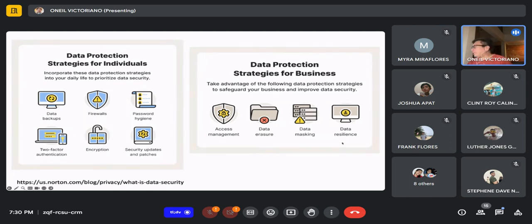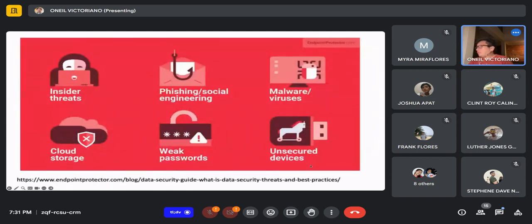Data resilience also, in case something happens like fraud, or an intrusion, an alarm in the systems, or viruses, there should be policies or strategies over data resilience.